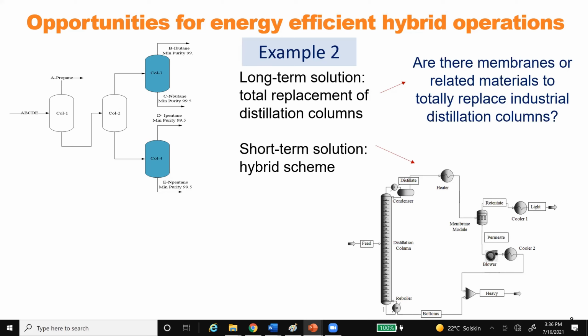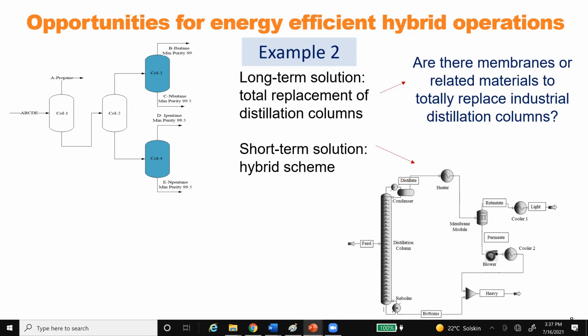So that is the short-term solution, where we keep the distillation as it is, but we add a membrane unit, a very small membrane unit for which the membrane already exists, and we can save quite a lot of energy.